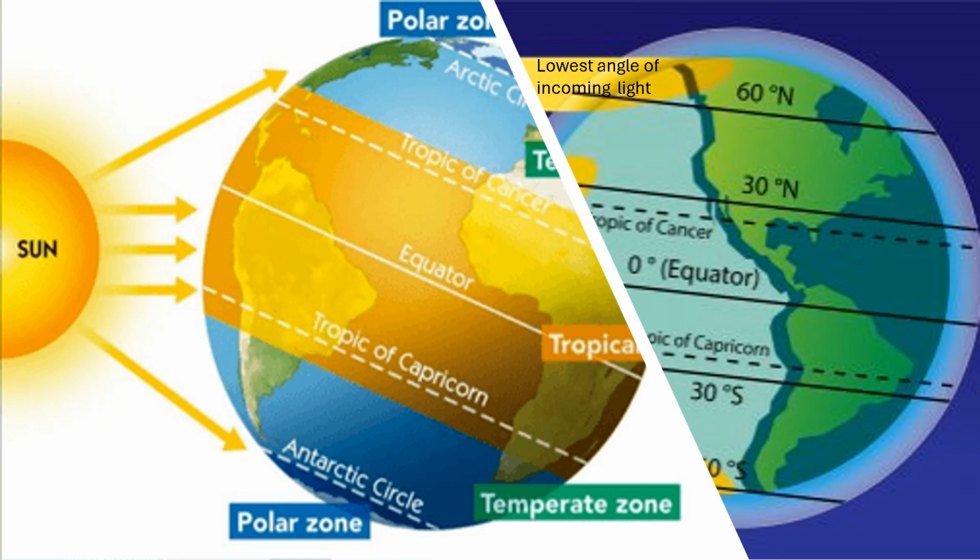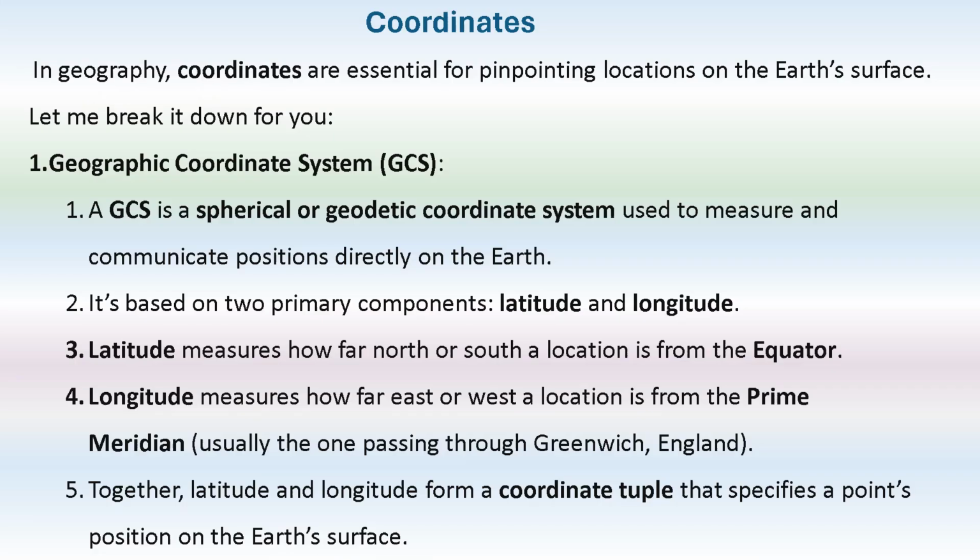Now, as we go to the poles, these are the lowest angle of incoming light from the sun, which is why the North Pole and the South Pole is much colder than this region here between the Tropic of Cancer and Tropic of Capricorn. So this area has direct sunlight. So the GCS is the geographic coordinate system, which is made up of the lines of longitude and latitude.